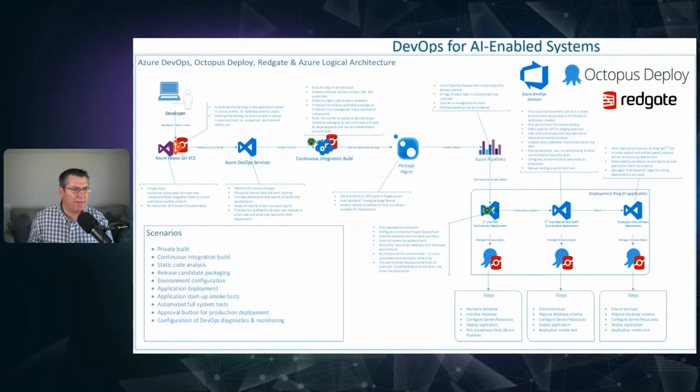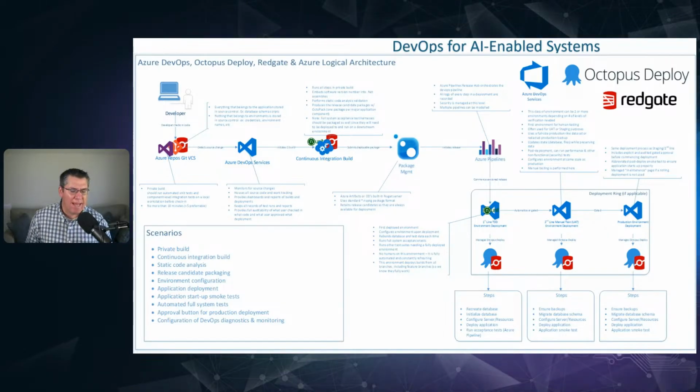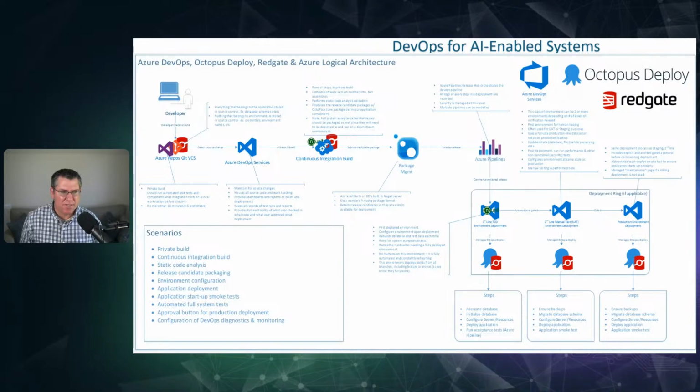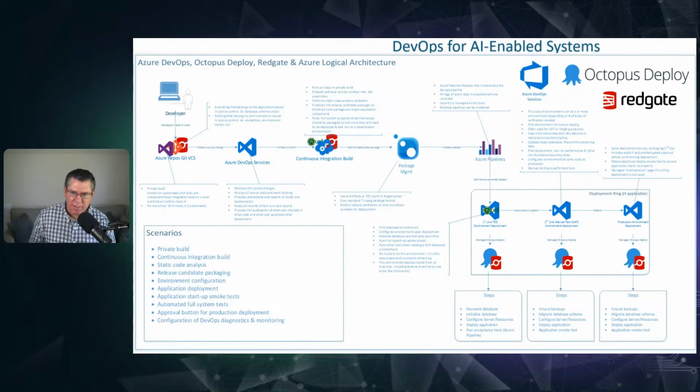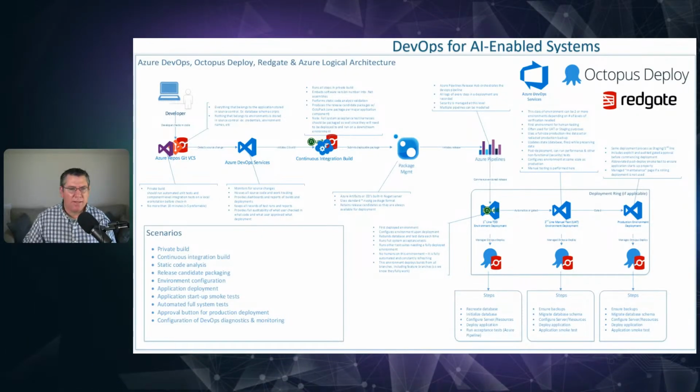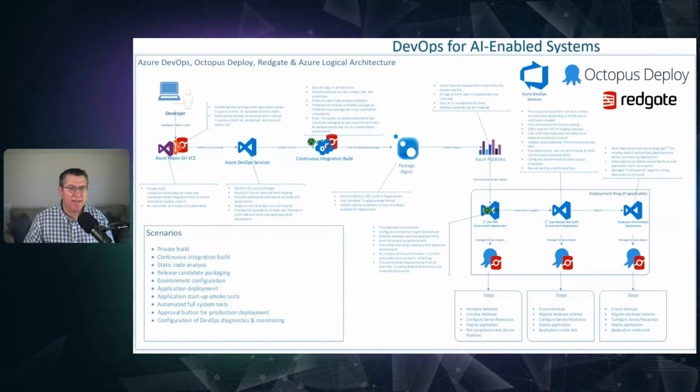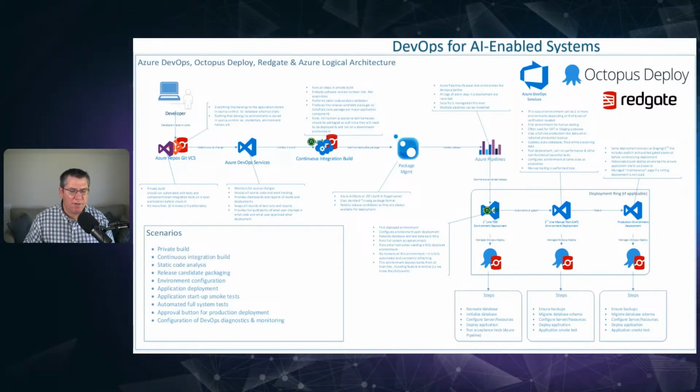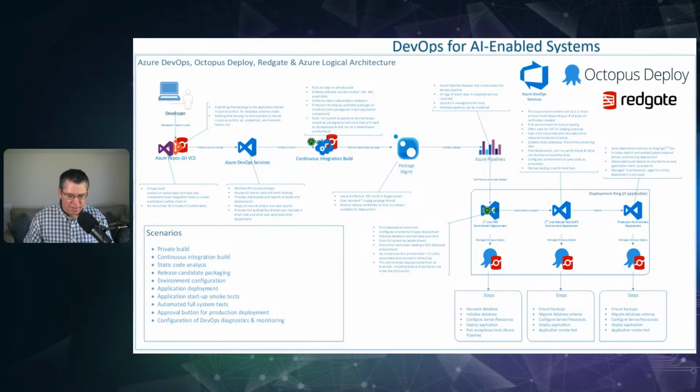The architecture does call out Azure DevOps, but in the demo today, I'm going to use GitHub Actions paired with Octopus Deploy for a pipeline. I want to stress that you can't properly have a complete DevOps environment if you don't fully implement continuous integration, and I'll touch on why later.